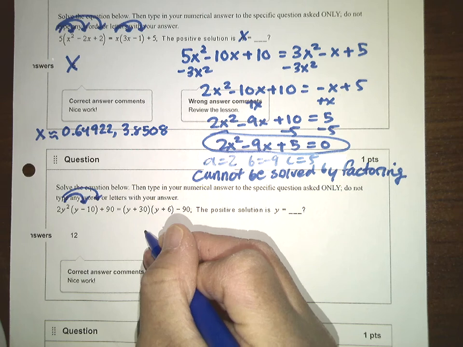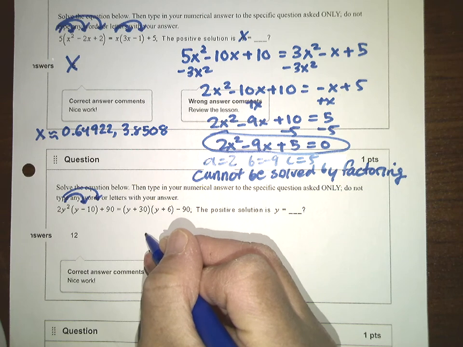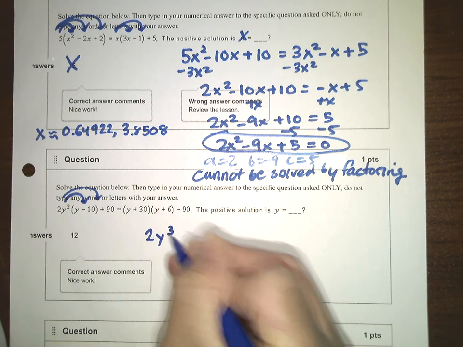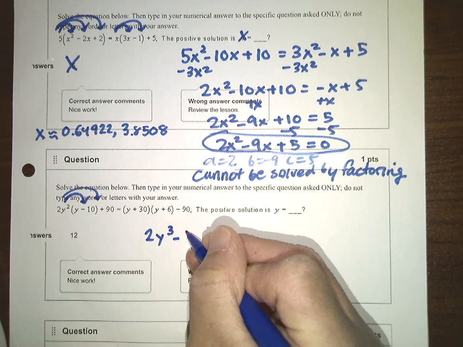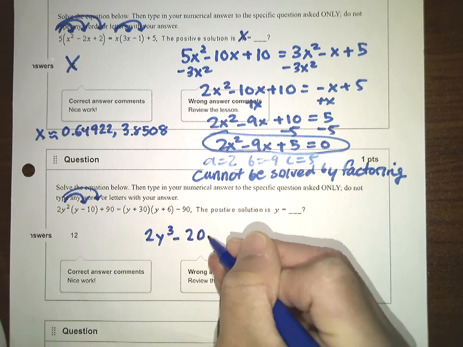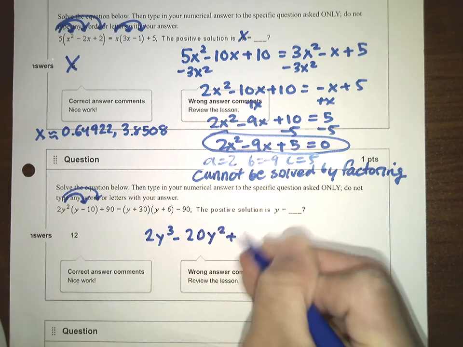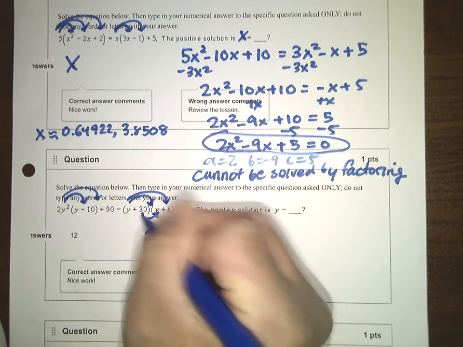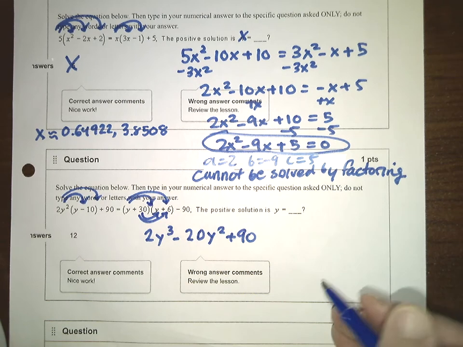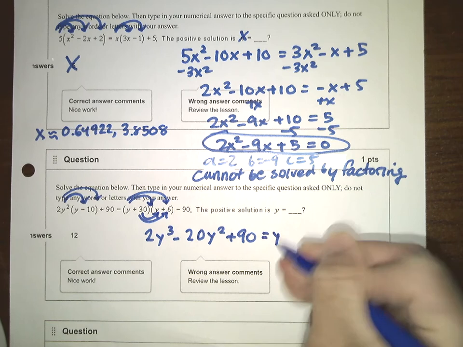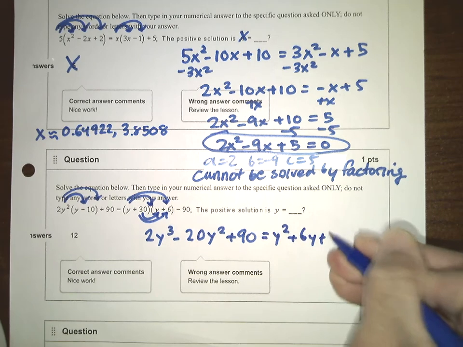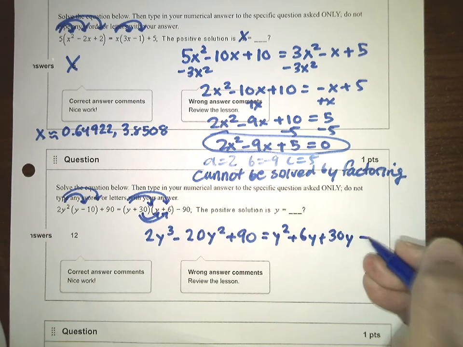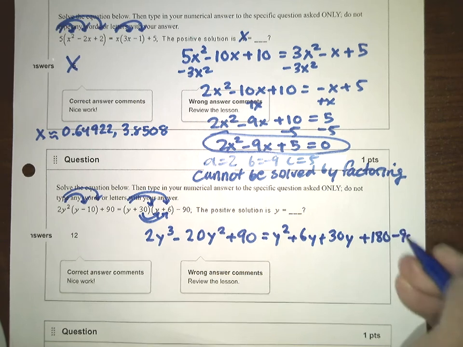So we have 2y to the third minus 20y squared plus 90. And then we'll distribute on the side to get y squared plus 6y plus 30y plus 180 minus 90.